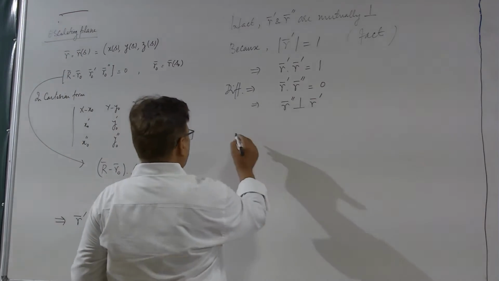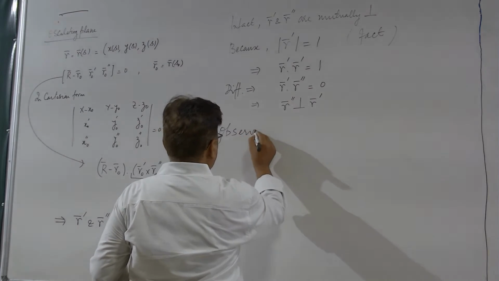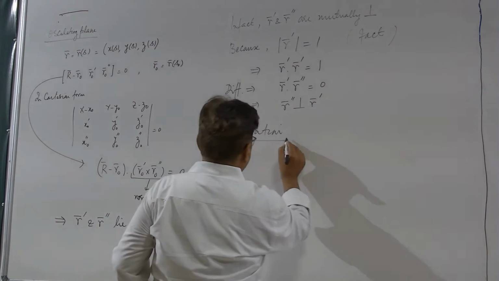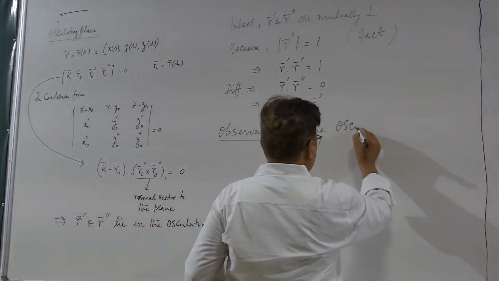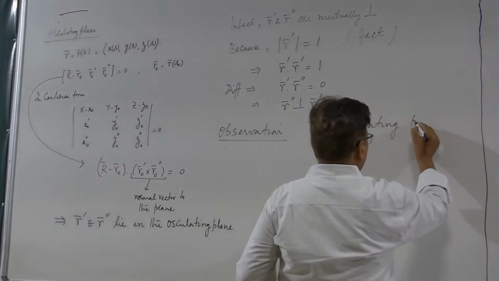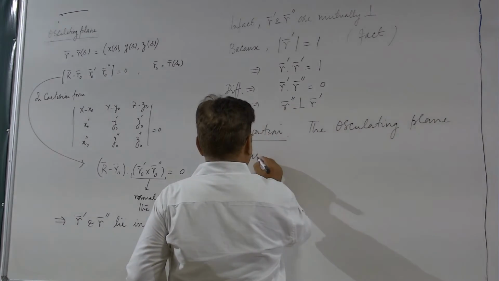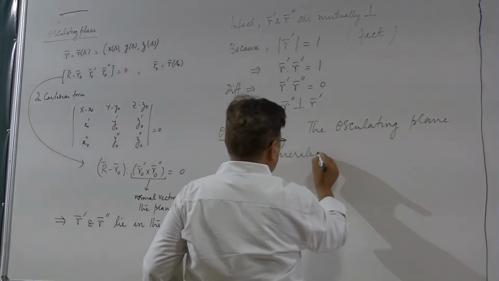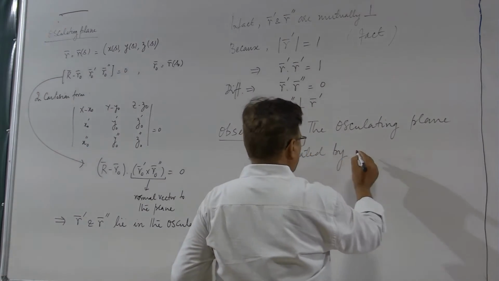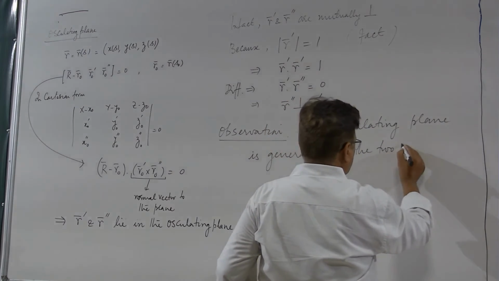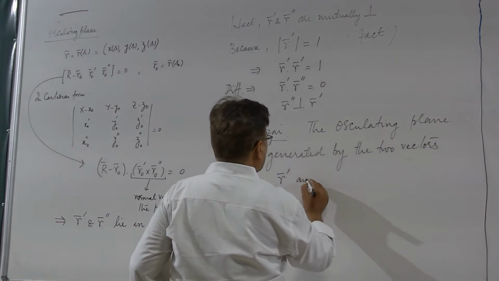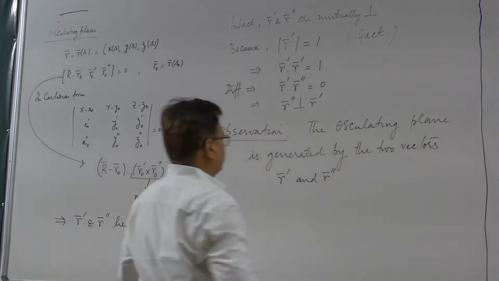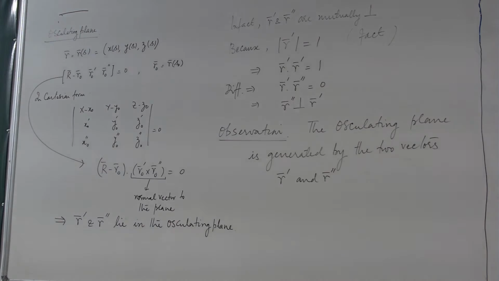So, one of the important observations is that the osculating plane is generated by the two vectors r dash and r double dash, and r dash is the unit tangent vector. This is something which we already know.